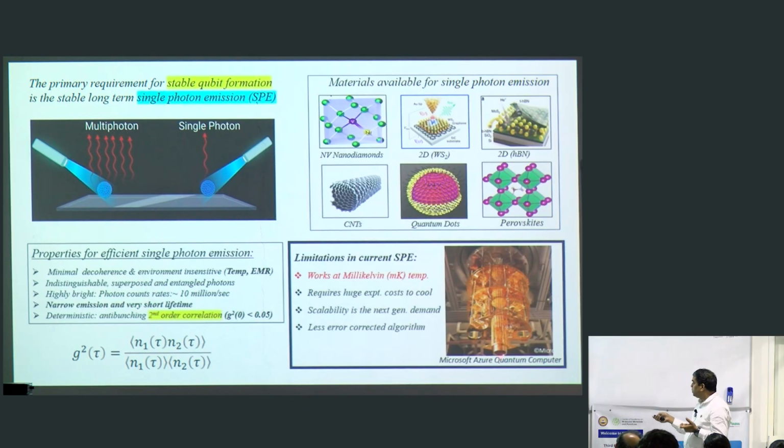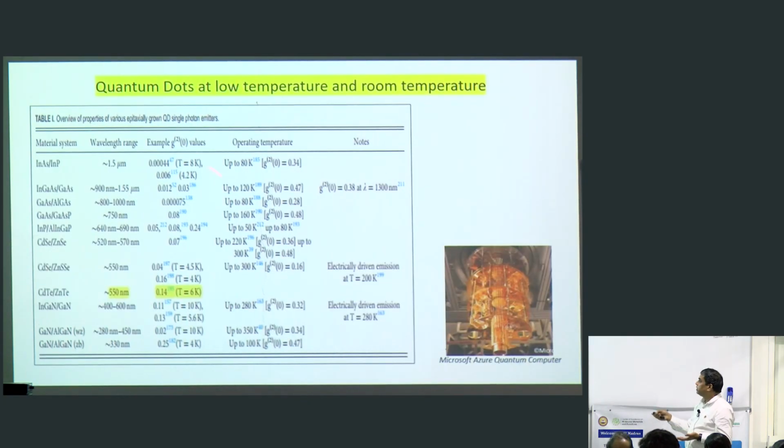So, if, let's say, this is the chip of the quantum computer, all these big setups are required to cool it down, because it has to work in the millikelvin range. You can imagine millikelvin means it's almost 0 Kelvin. So, that's a very challenging task, although people are working on it. Just yesterday I got the message that Stanford has got 50 qubits for the first time, even in the millikelvin temperature. But anyway, all of this basically works in the millikelvin temperature.